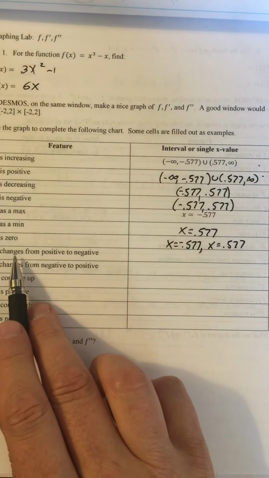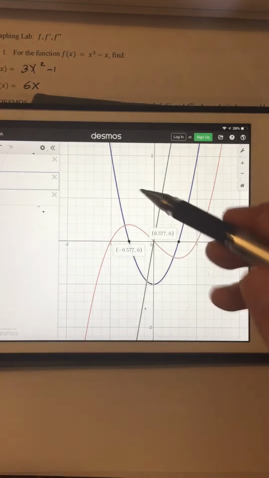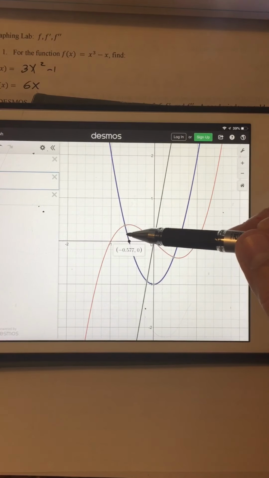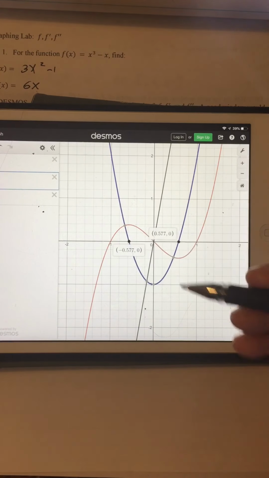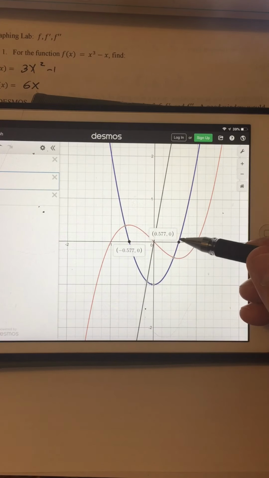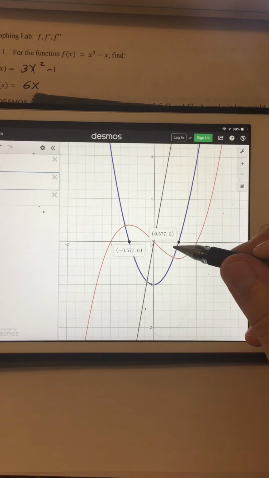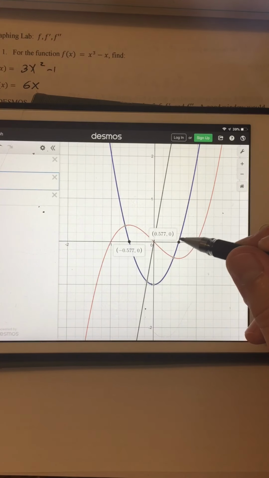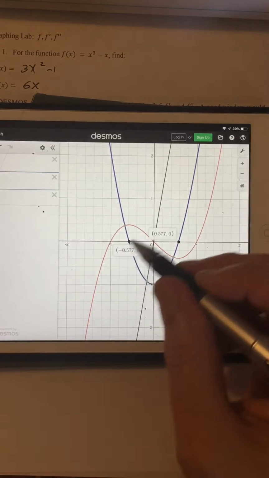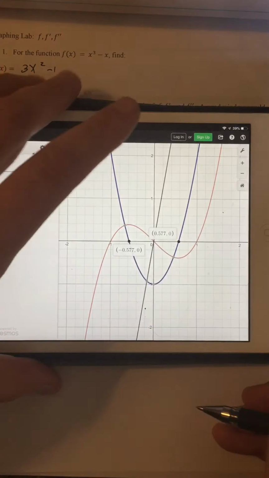So when does f prime change from positive to negative? F prime is the blue graph. Where does f prime change from positive to negative? Right here. Now look at this intercept over here. F prime is negative, and then it changes to positive. Remember, we're always talking about increasing x when we talk about that. So f prime is changing from negative to positive at 0.577, and f prime is changing from positive to negative at negative 0.577.